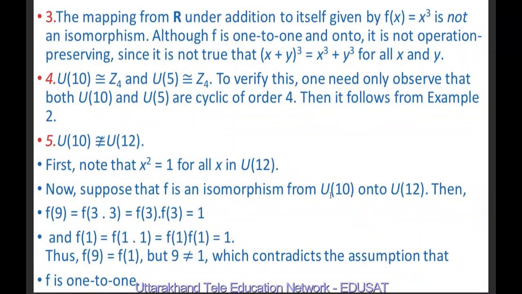So 9 star 9 is equal to 81, and here the operation is multiplication modulo 10. If we divide it by 10, the remainder is 1. So f of 9 is equal to 1. Also f of 1 is equal to 1. So f of 9 is equal to f of 1, but 9 is not equal to 1, which contradicts the assumption that f is one-one.